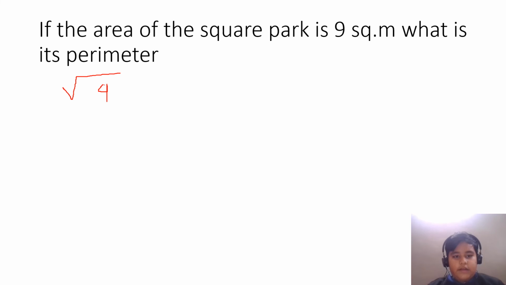Now in the other line, we will again make the square root and write 3 into 3. Remember this, that always the numbers which are in the square root should be same. 3 into 3, because 3 into 3 is 9. And now we get to know that the side of this square park is equal to 3 meter.